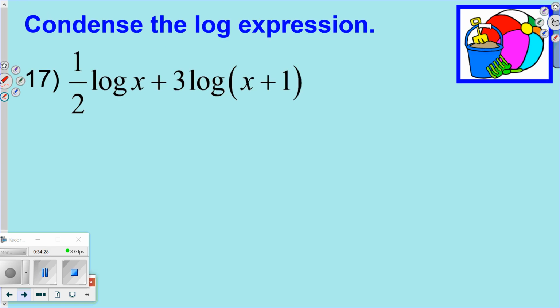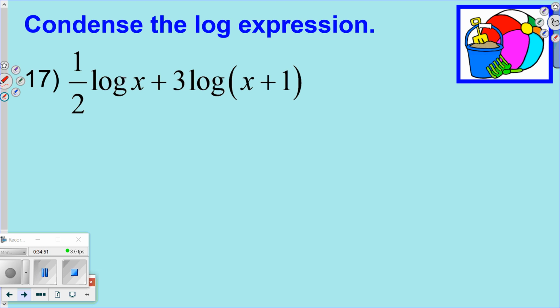Can we condense again? Now it's spread. Can I bring it back? What does that 3 mean when it's out front? It was an exponent. So it's x to the 3rd, x cubed, log base 10.